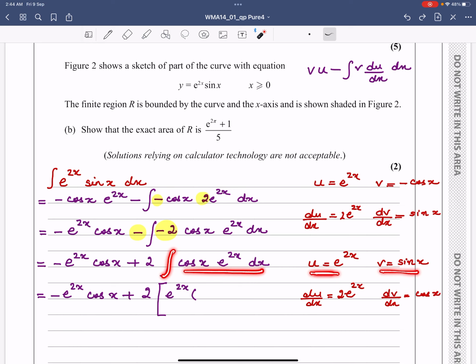So my u is e to the power of 2x and my v is sine x. And then minus the integral of v into du/dx. So v is sine x into du/dx. I'll just make some room here.